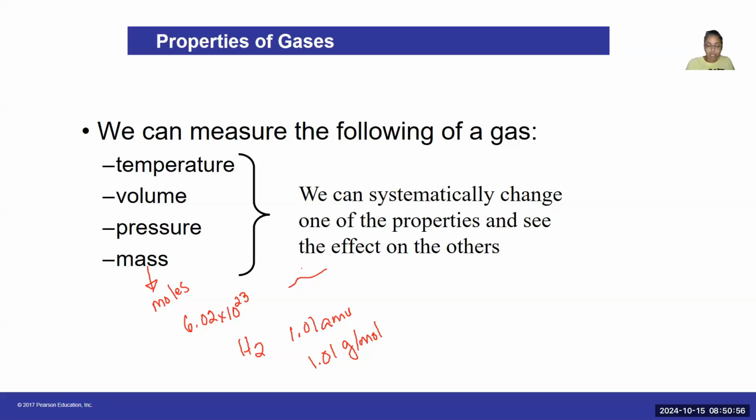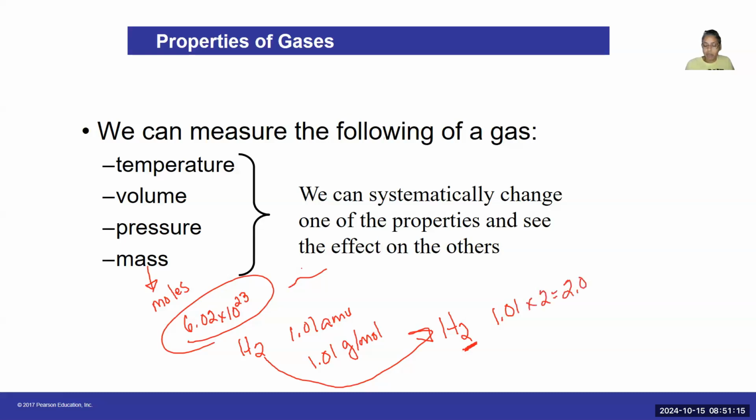But hydrogen gas itself has 2 atoms of hydrogen, so 1.01 times 2 gives us 2.02 grams per mole of hydrogen gas.